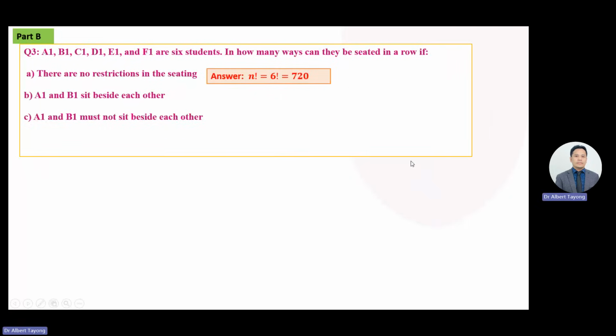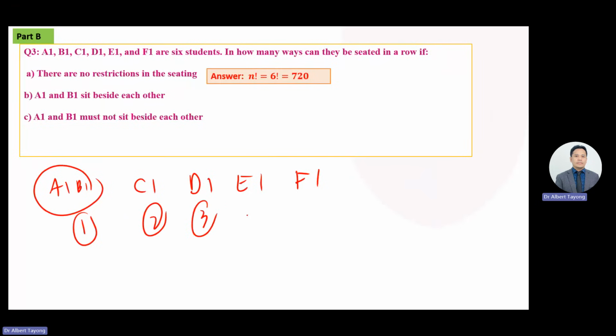Second one, A1 and B1 sit beside each other. So A1 and B1 becomes one group. Then we have C1, D1, E1, and F1. So this is 1, 2, 3, 4, and 5. So our n here becomes 5 factorial, not 6 factorial, because A1 and B1 become one group.